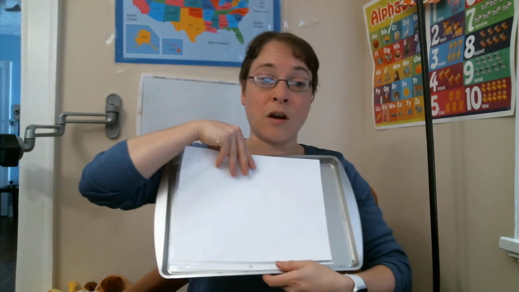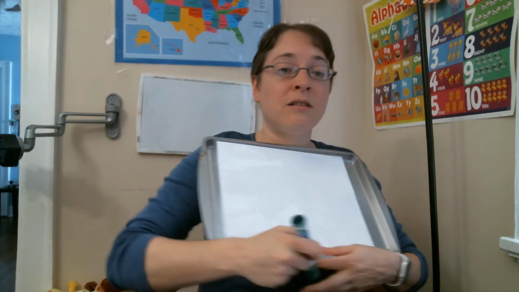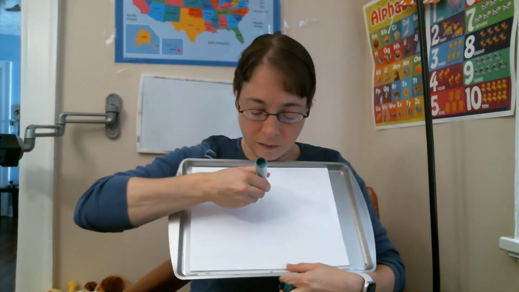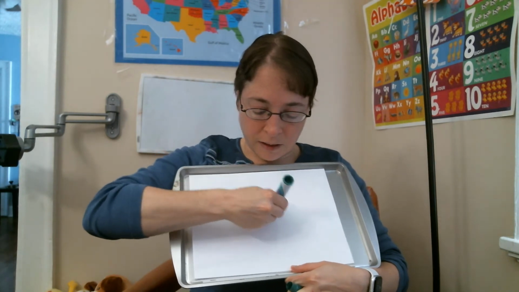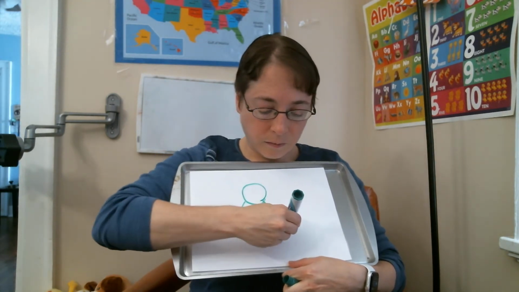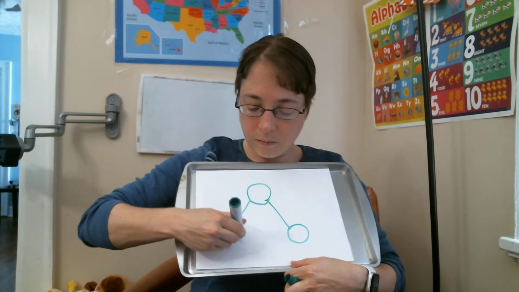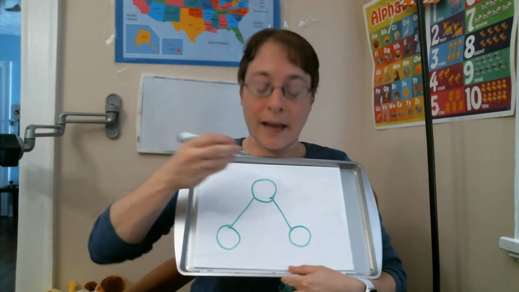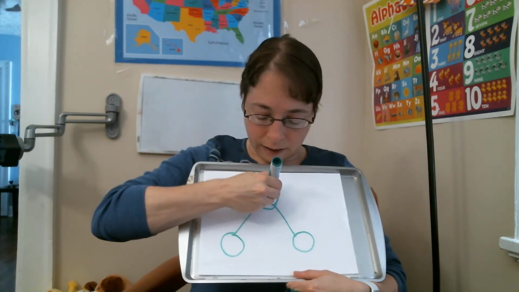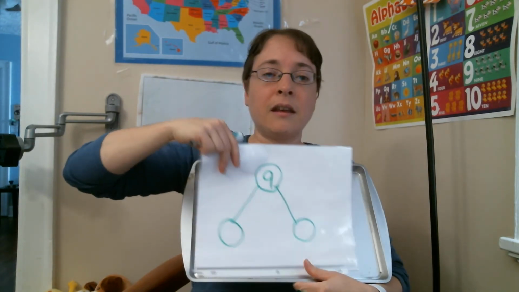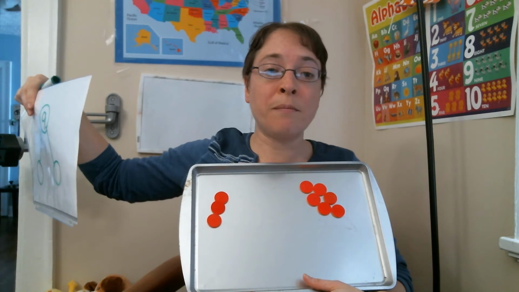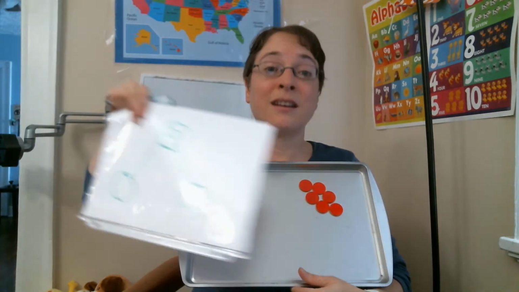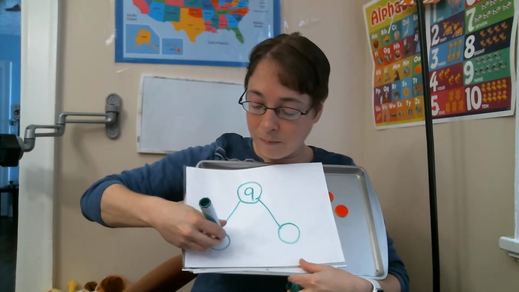for our story? So here's our number bonds. And remember, how many pennies do we have? 9. How many pennies are in one pocket? 3.